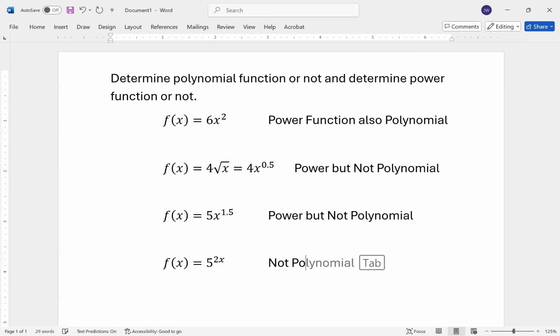So it's not a power function, and also it's not a polynomial. Again, for it to be a power function or a polynomial function, x cannot be in the exponent. And since the x is in the exponent here, it's not a power function and not a polynomial function.